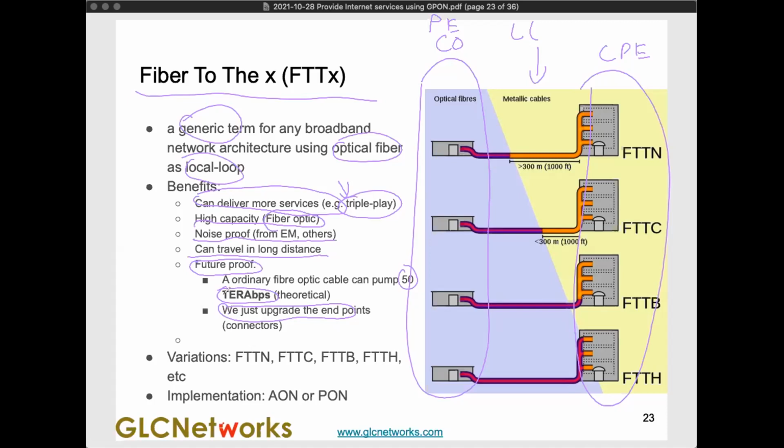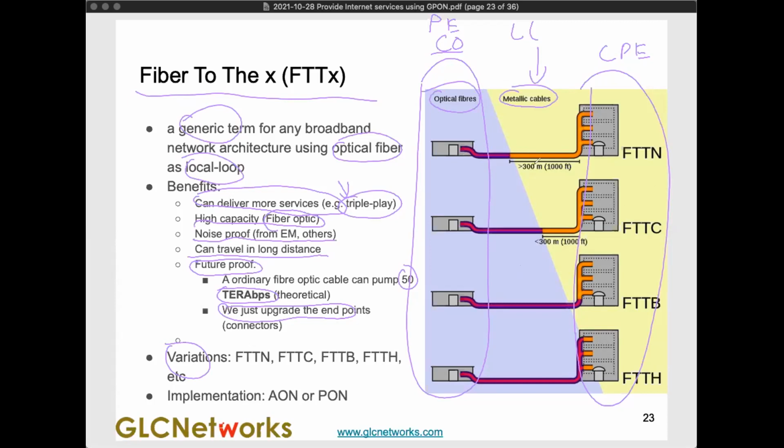About the variations, it depends on how you implement the FTTx. So this is your central office. This is the optical fiber, and then you combine it with metal cables, copper wire.